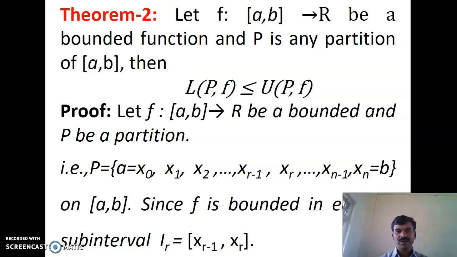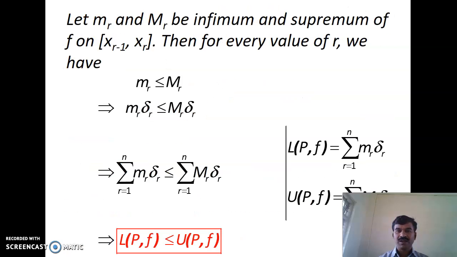Then the lower sum is also less than or equal to the upper sum. Let f be bounded and P be a partition. Since f is bounded in each of the subintervals [x_(r-1), x_r], let small m_r and capital M_r be the infimum and supremum of f on the subinterval [x_(r-1), x_r].